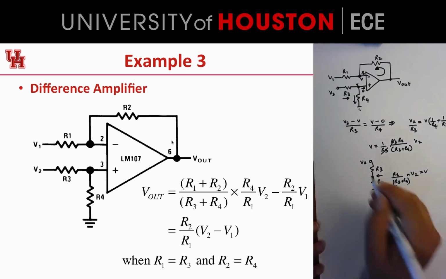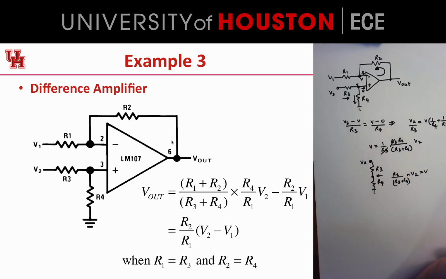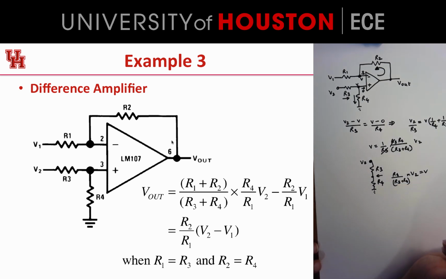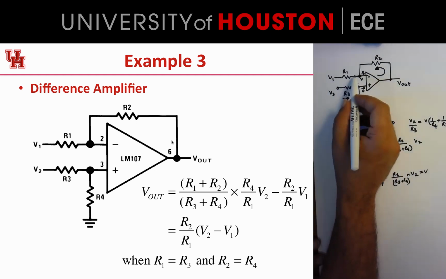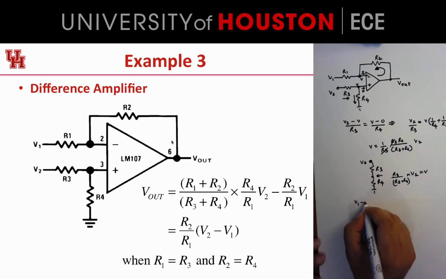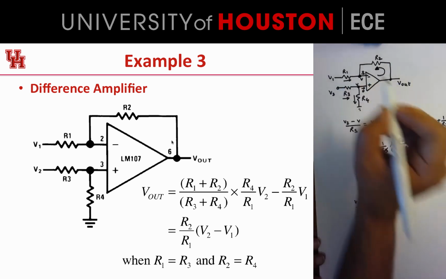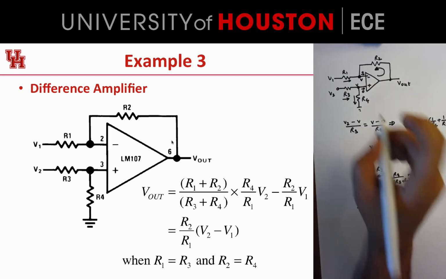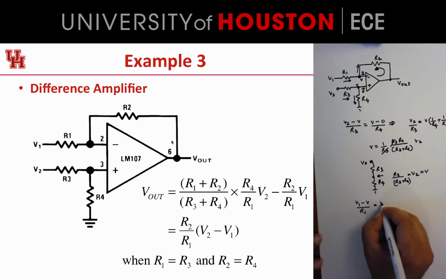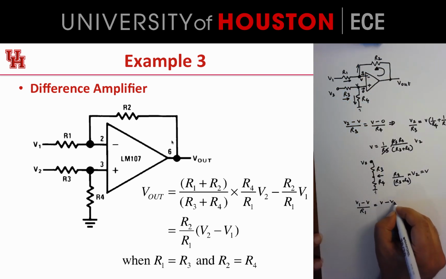We can use this voltage divider idea in solving these circuits. Now let's work through the upper part. V1 minus V divided by R1 is the current going in like that. All of that current is going to go into this branch here, which is V minus V output divided by R2.